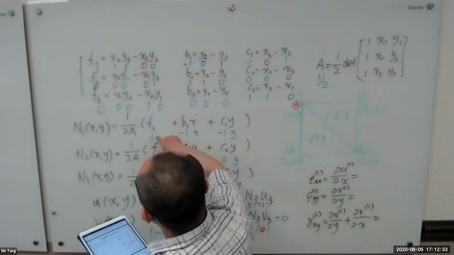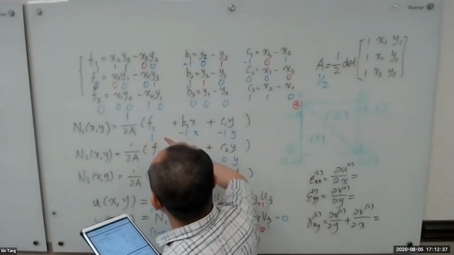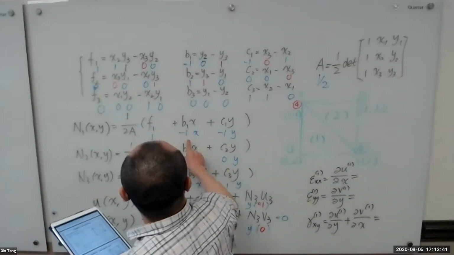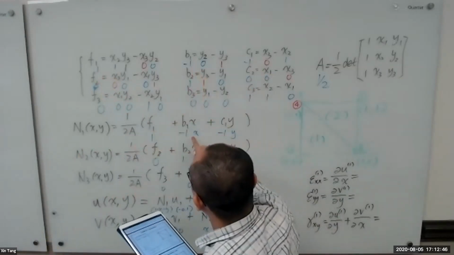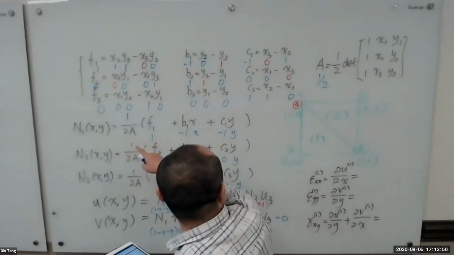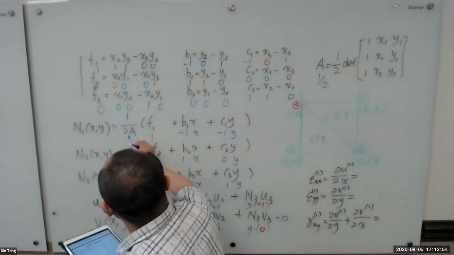Now, input the values we just calculated specifically for element 1. F1, we calculated that. B1, we calculated here. C1, we calculated here. And then they are functions of x. And 2A, we already know is 1/2, so 1 over 2A is now 2.